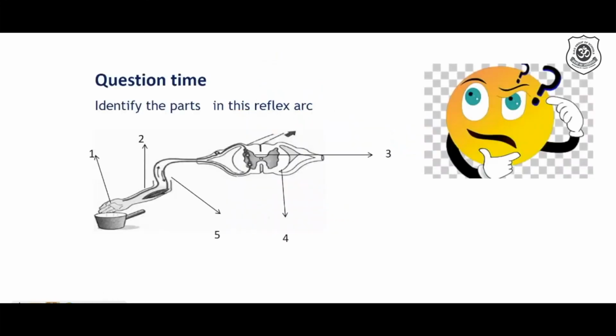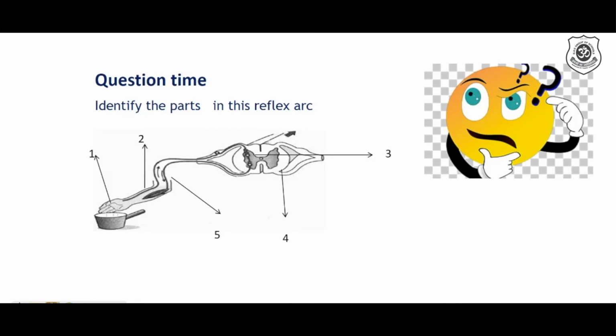Now you are going to identify the parts of the reflex arc. The first part is the one which is touching the hot object. And the second one, what is it? It is a nerve which is carrying the stimulus from the receptor and taking it to the spinal cord.